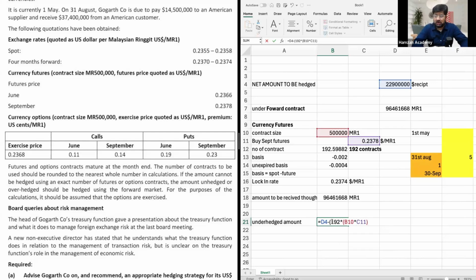This is the amount in dollars hedged. I repeat: 192 contracts, each contract size is 500,000 ringgit and being converted at this dollar rate. So this is the amount under-hedged: total amount to be hedged minus the hedged amount.